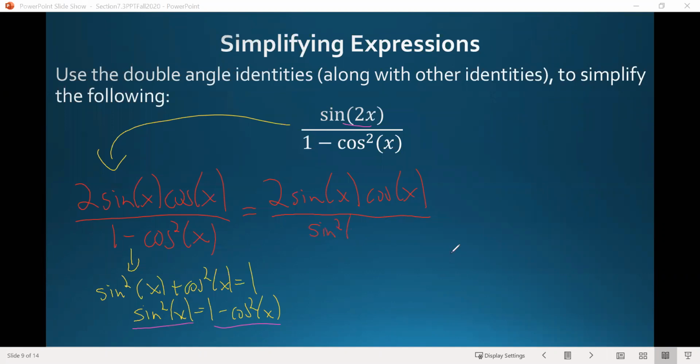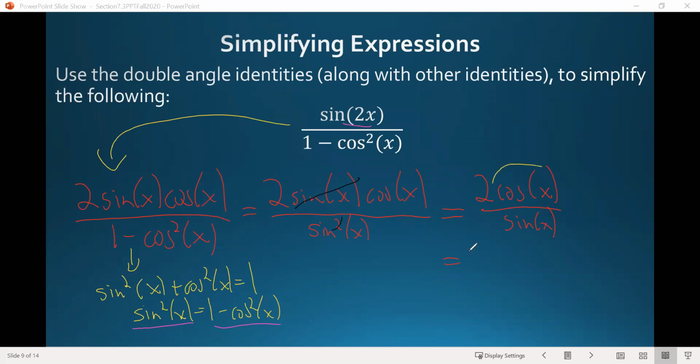So we would have this equals, and now we have a sine on the top, a sine squared on the bottom. This can cancel with this here. And so now the top is 2 times cosine of x over, we have a sine of x in the denominator.